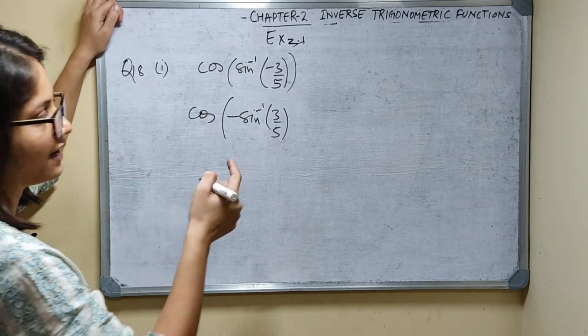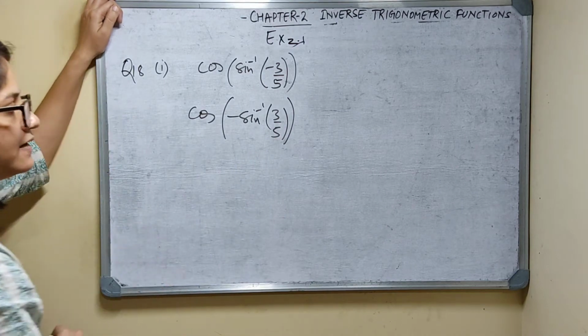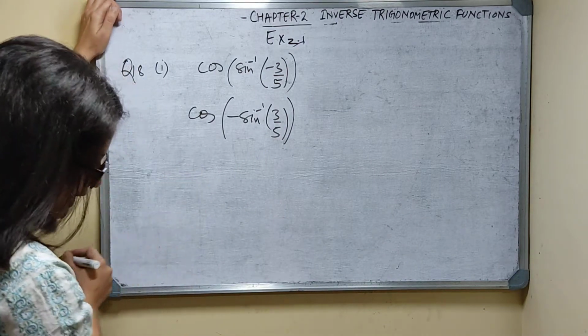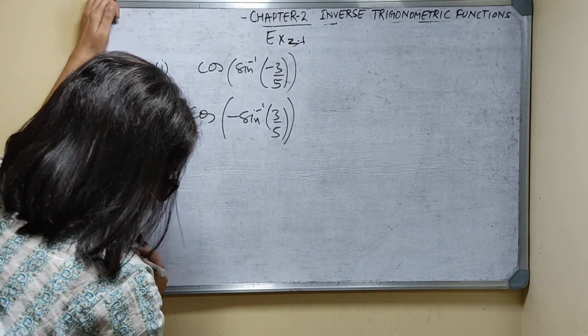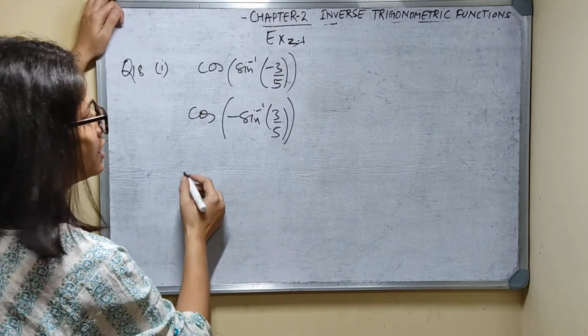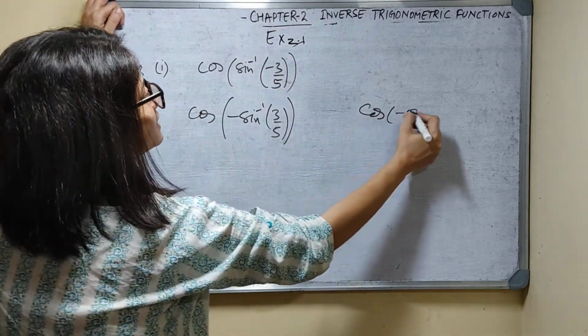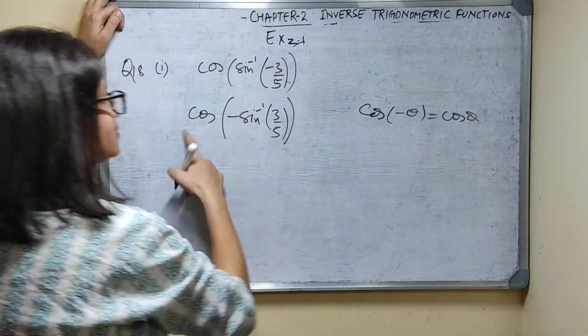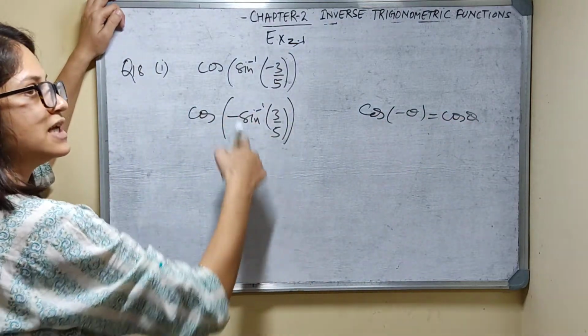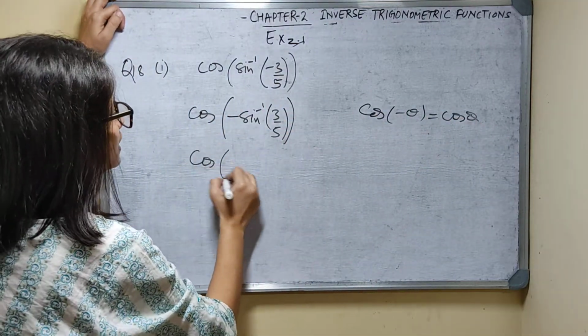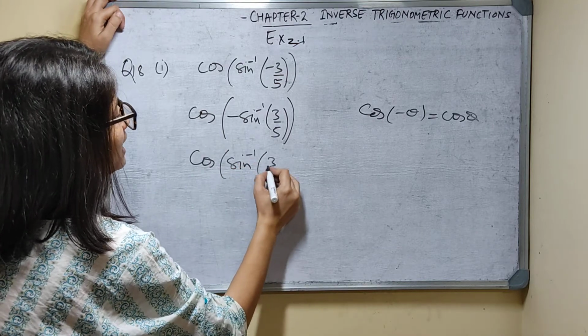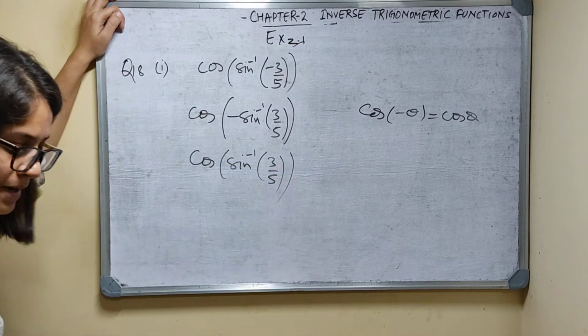This we will use in the next exercise. So cos of minus sine inverse 3 by 5. I know cos of minus theta is cos theta. So I can write cos of sine inverse 3 by 5.